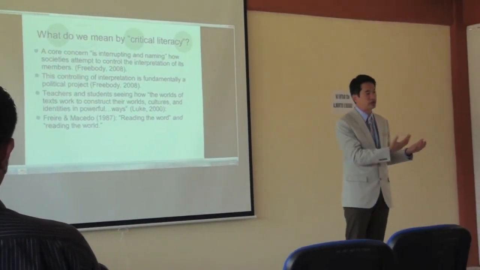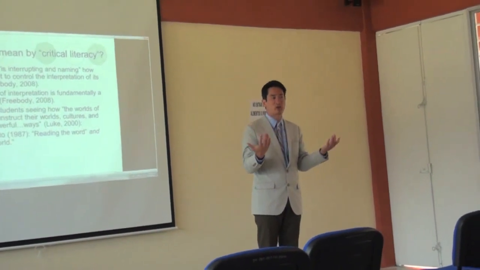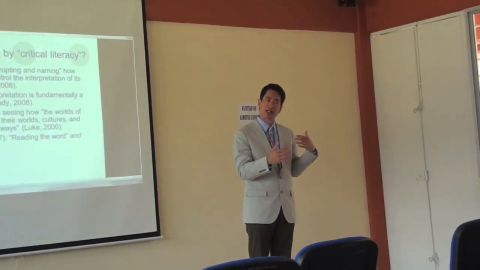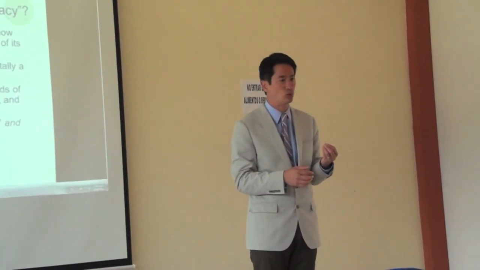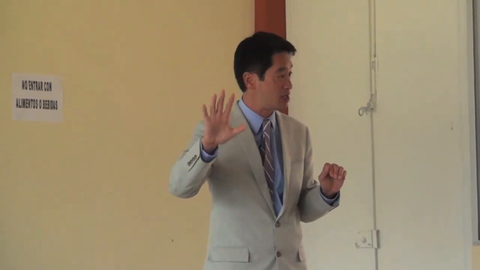In other words, how does this text reflect certain representations of the world? How does it show the world? Does it show the world the way I see the world? And does it validate the way I see the world if I see it differently? Because sometimes we may see the world in many different ways that the text will either deny or just ignore.